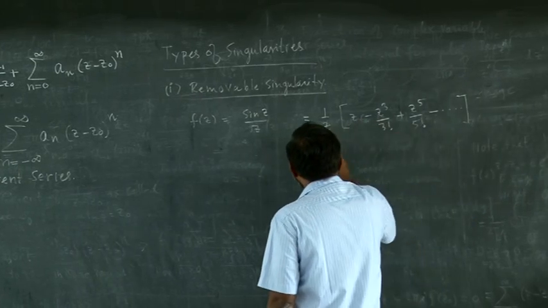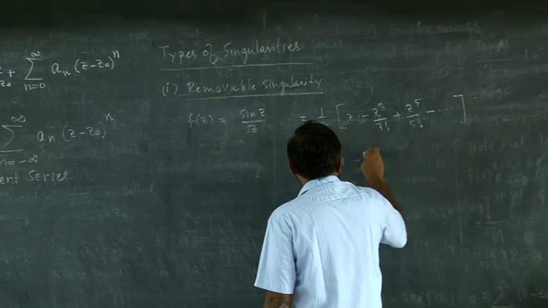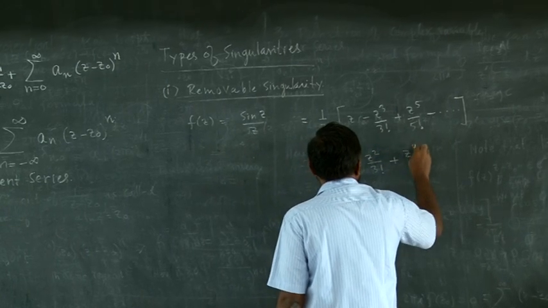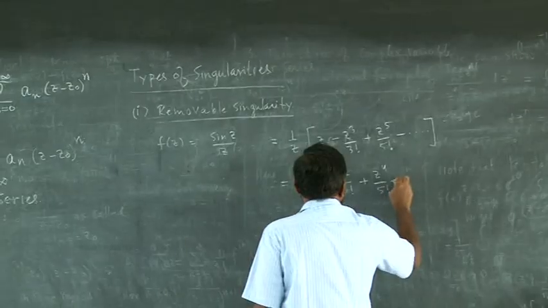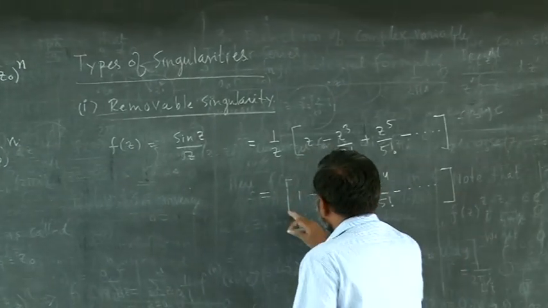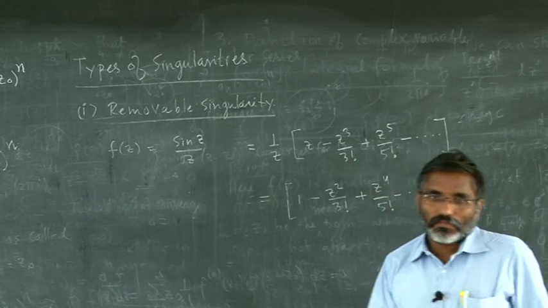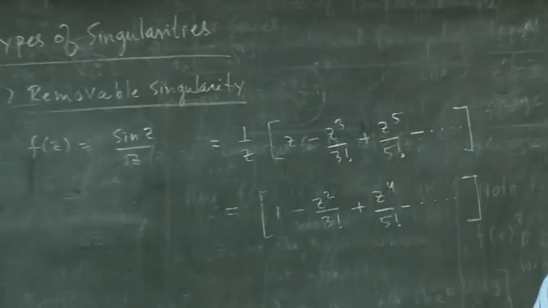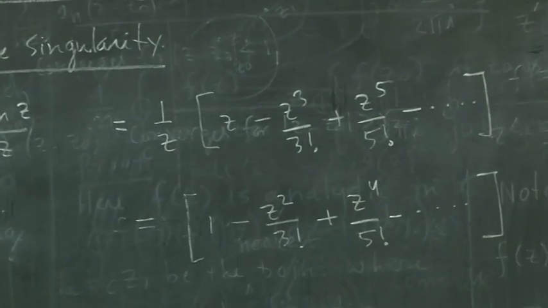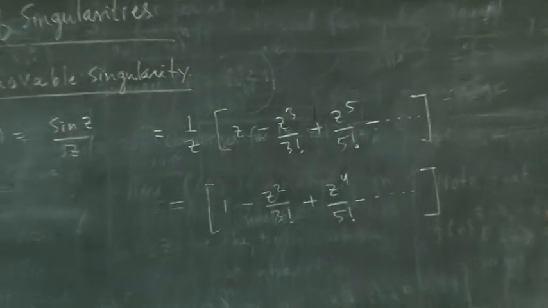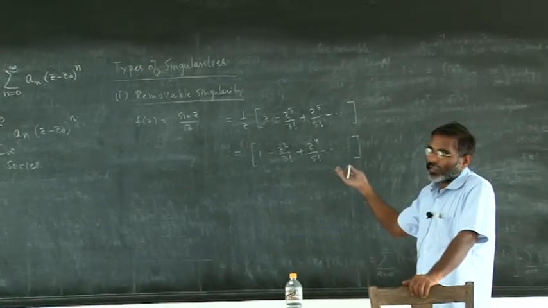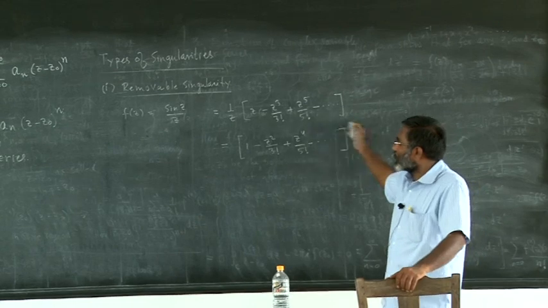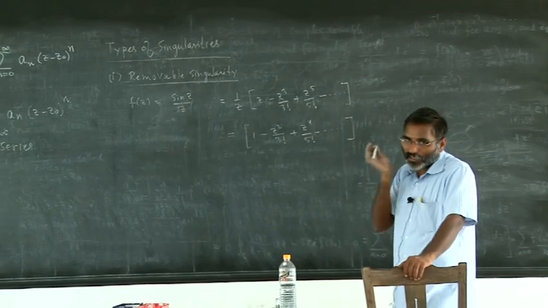So this is nothing but 1 minus z squared by factorial 3 plus z to the 4 by factorial 5 minus and so on. It never goes to infinity. As z goes to 0, it is 1. So this is actually analytic. Such singularities can be removed by looking at the expansion. This is actually a Taylor expansion; there are no negative powers of z.